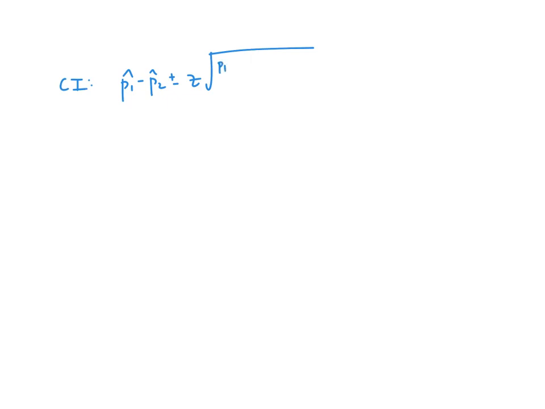So it's going to be P1 hat 1 minus P1 hat over N1, and then P2 hat 1 minus P2 hat over N2. So the confidence interval is less work, in my opinion, because it doesn't have the PC. So that is what's hard to remember, is you do have to remember that for the hypothesis test, you use PC. For the confidence interval, you don't.